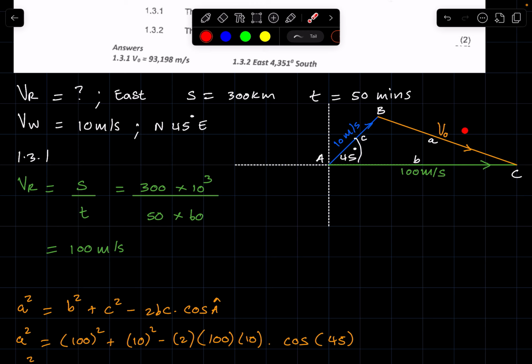You then think whether this direction would fit in the first, second, third, or fourth quadrant. Obviously this direction can only fit in the fourth quadrant, meaning that VO is going either southeast or east-south, depending on which angle you calculate, based on whether the angle is referenced from the y-axis or the x-axis.